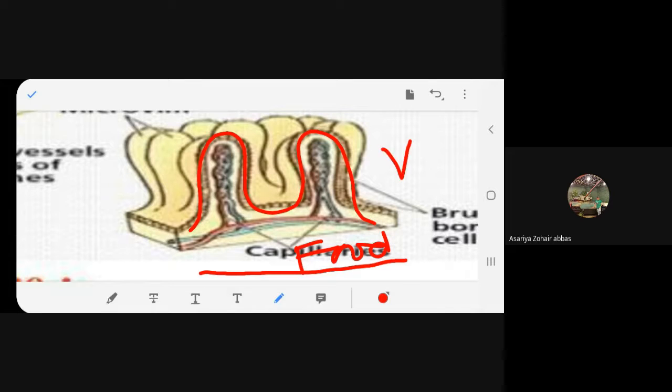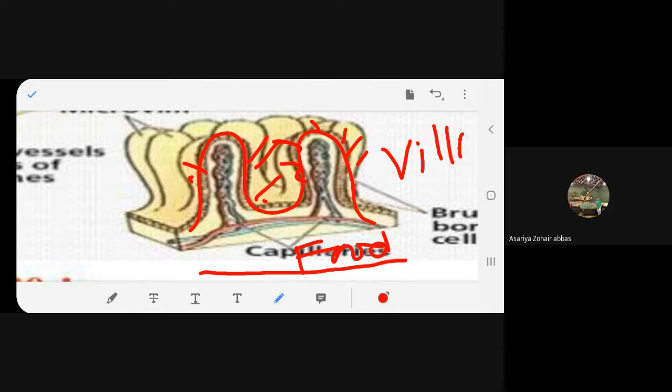Now these villi have blood capillaries. Why do they have these villi? So that the surface area for absorption is increased. In a small place, the absorption of the food is increased. That is the function of villi.